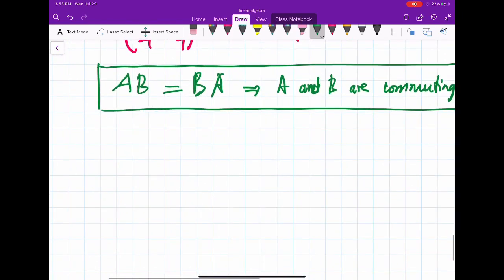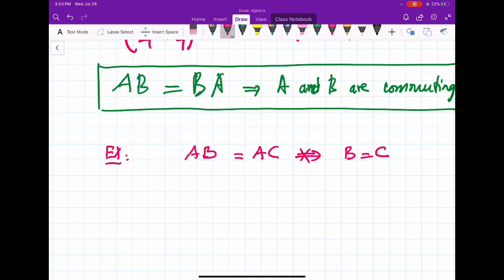So we have one more property of matrices that is different from scalar multiplication. It says, if you have AB equal to AC, you cannot cancel A to get B equal to C, okay?